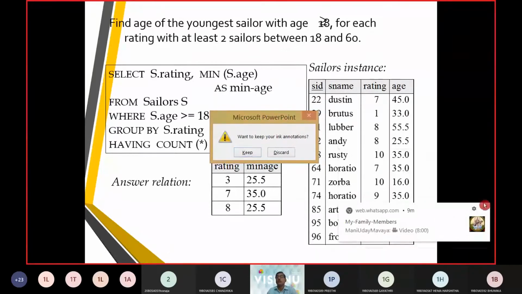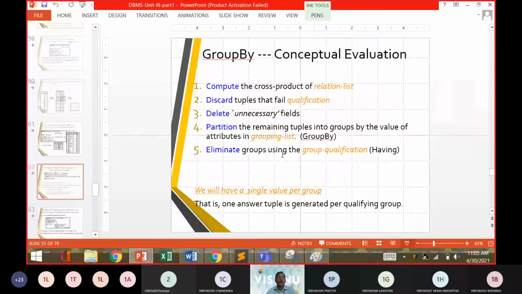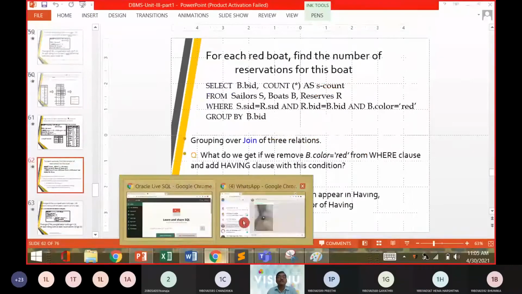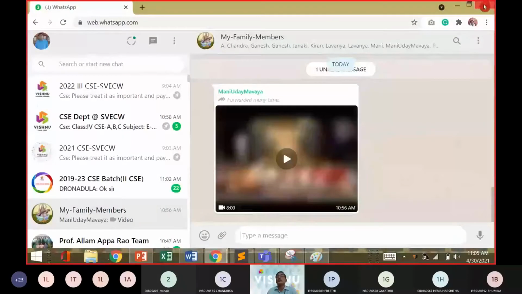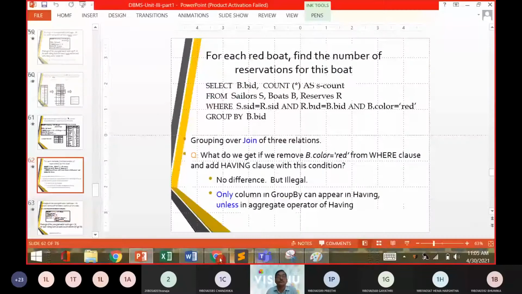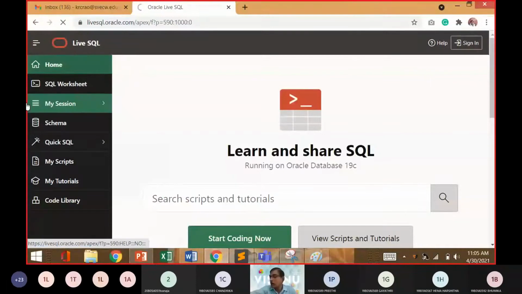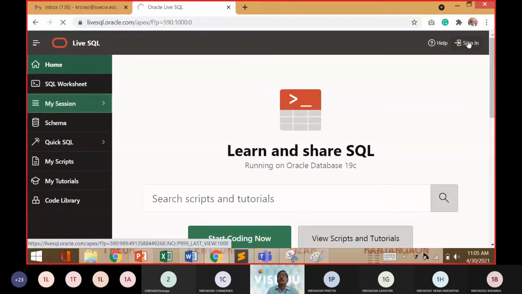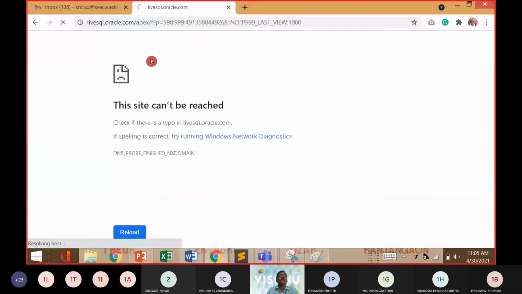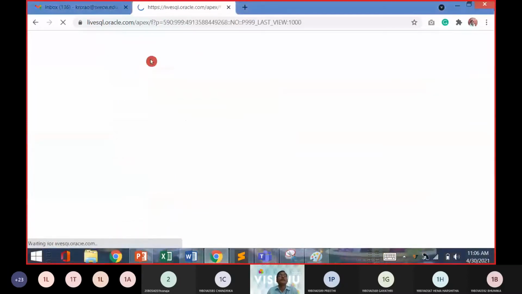So now let us work out with this value. We will sign up here and see how the answer is going to be resulted in MySQL or Live SQL. So that is what we will take up now. So we'll wait for a second, let the system get refreshed.